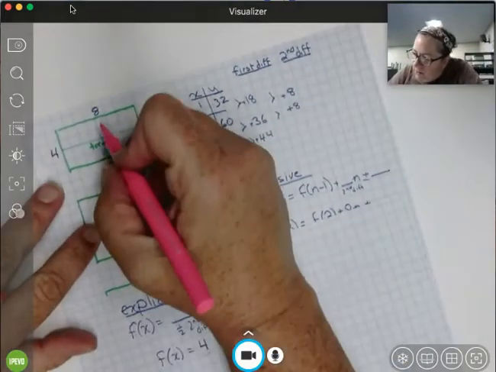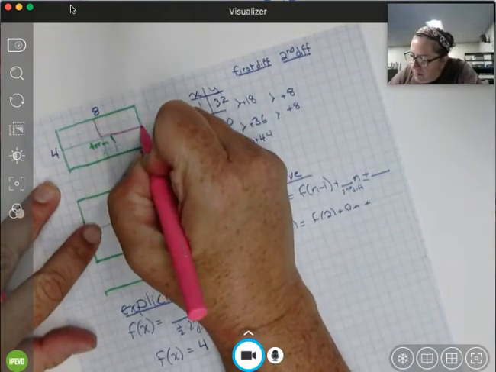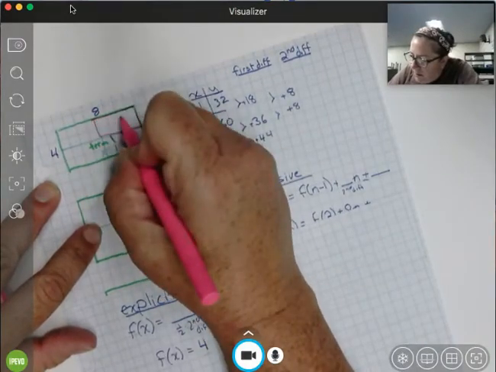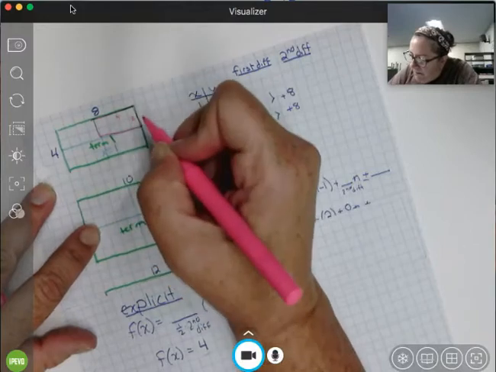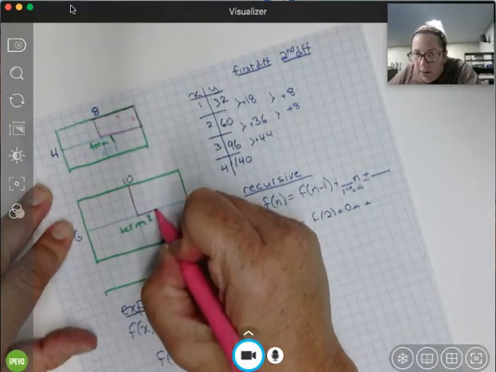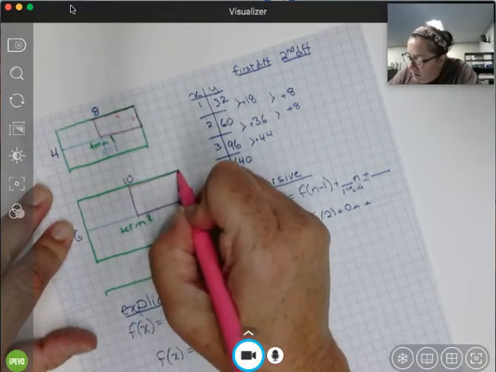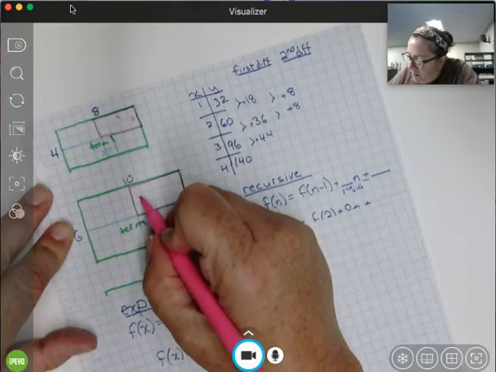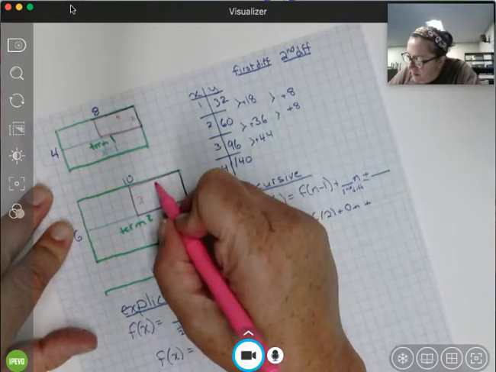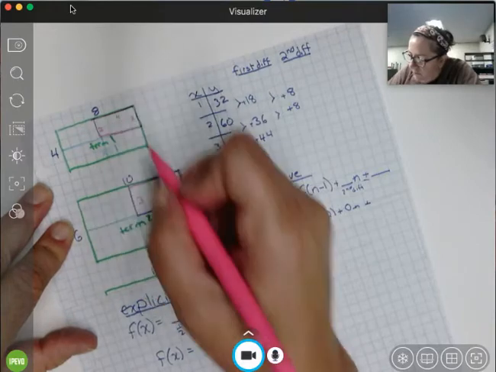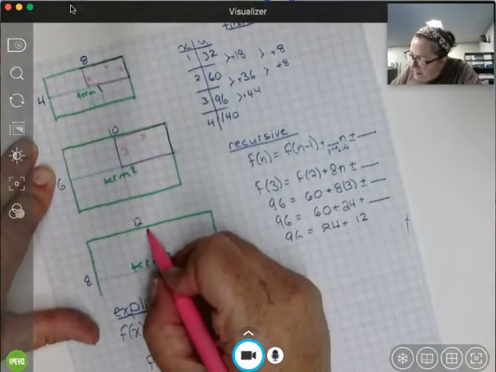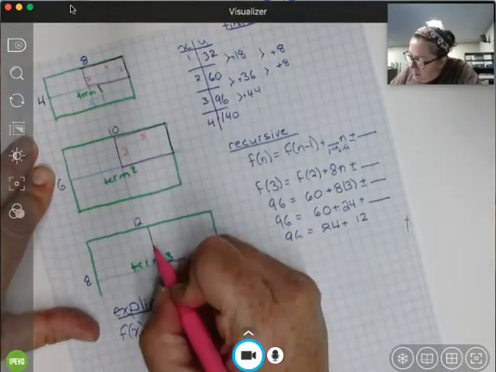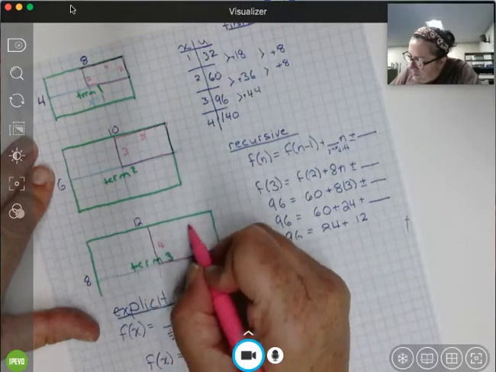So if I just look at one of these rectangles, I've got a 4 by 2. And if I just look at one of these rectangles, I have a 3 by 5. Right, so I have a 2 by 4, a 3 by 5, and then here, this one is 3 by 6.